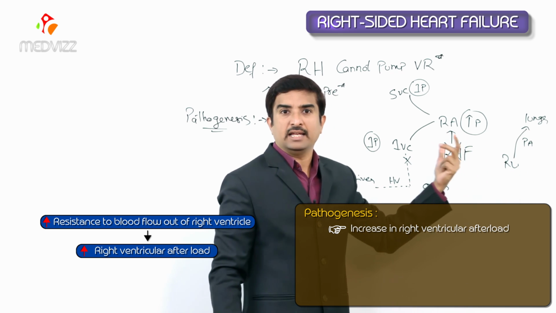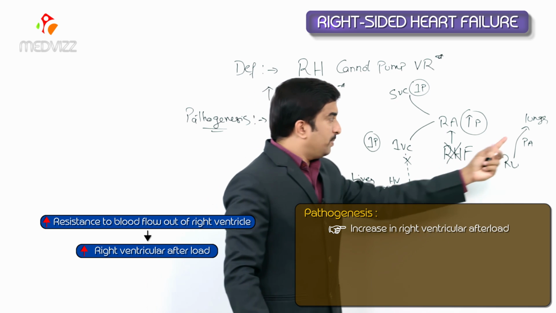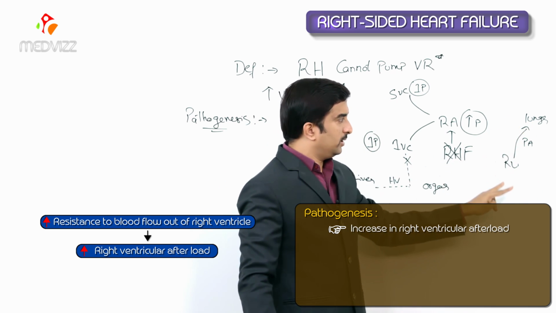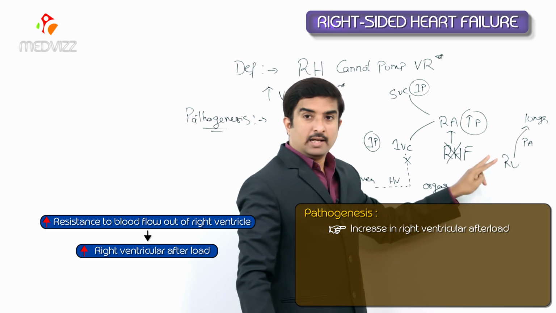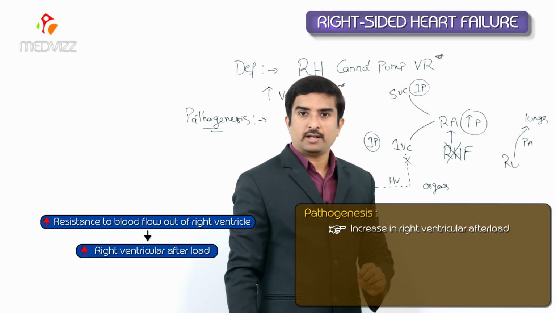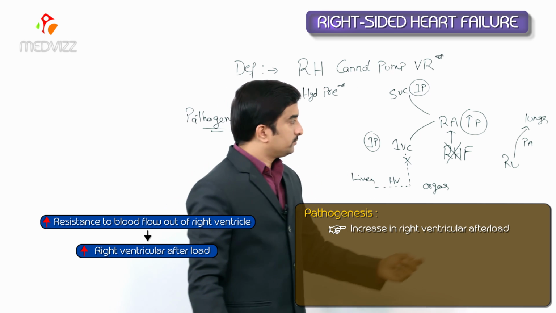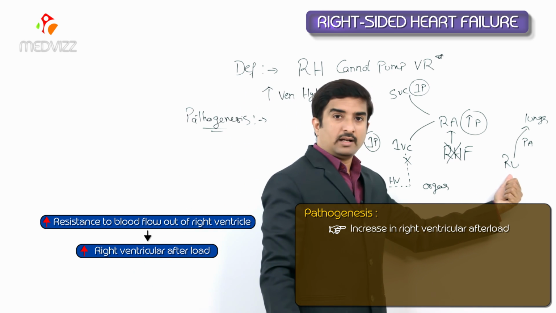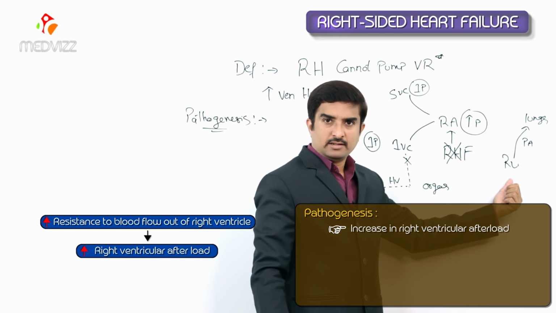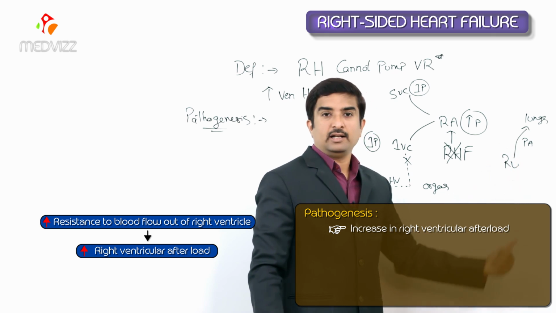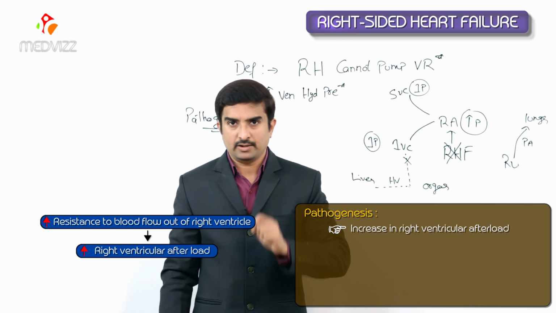There is a clear-cut resistance here. Because of this resistance, the right ventricle cannot pump its blood into the lungs. Due to this, the right ventricular volume increases and right ventricular pressure increases. Whenever right ventricular pressure increases, gradually it leads to right ventricular failure.